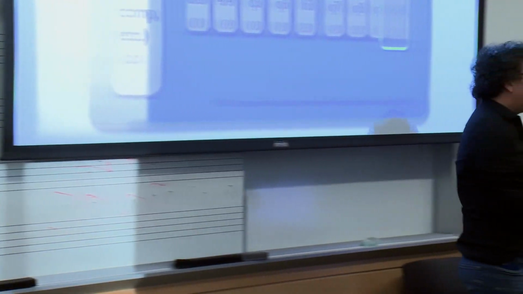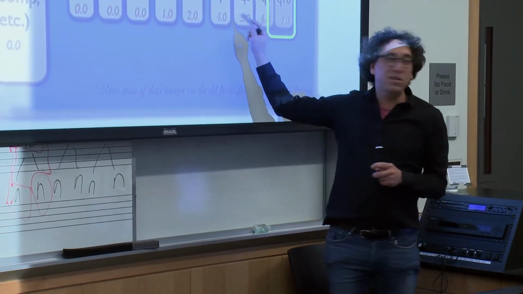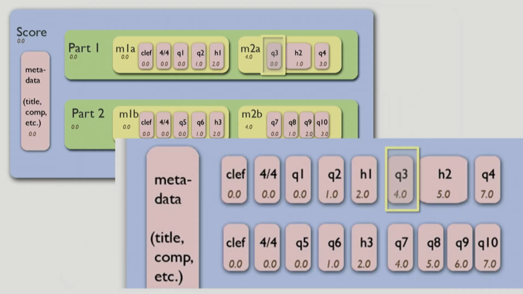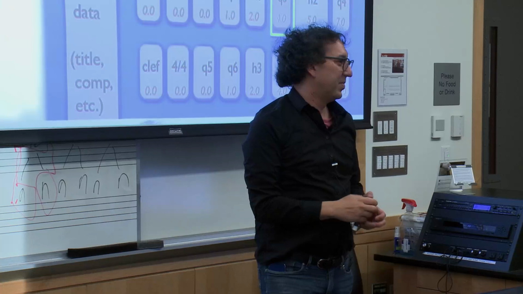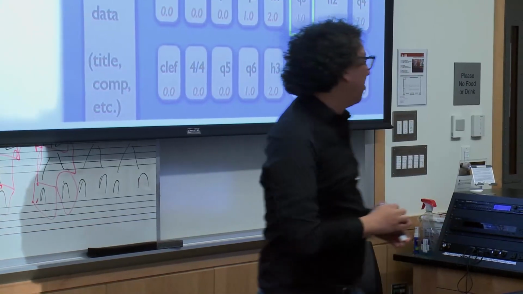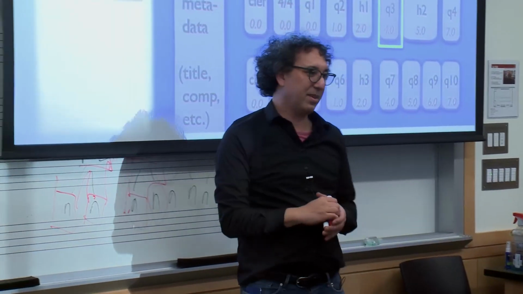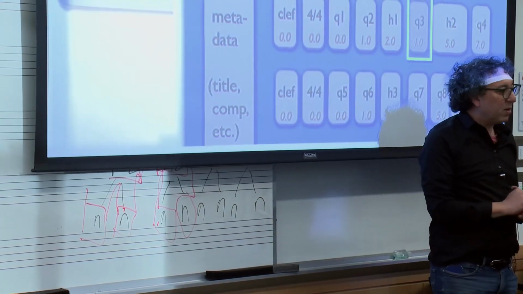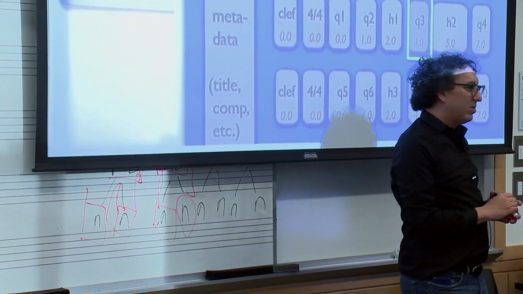And this is the first time I was saying that a note might have more than one offset, because this quarter note here is the same as that quarter note there. So dot offset will be changing as this happens. This is something that will occasionally bite you, but usually not.